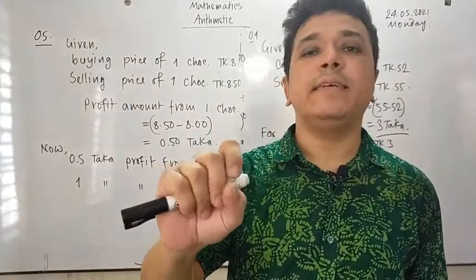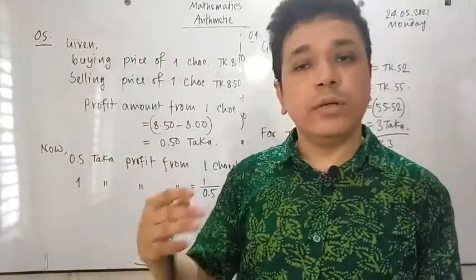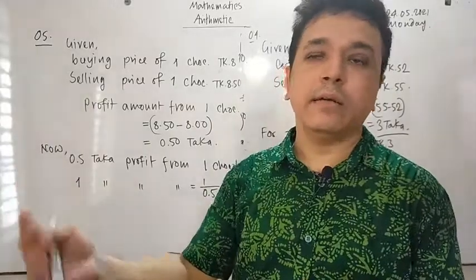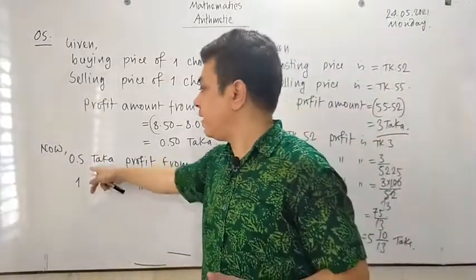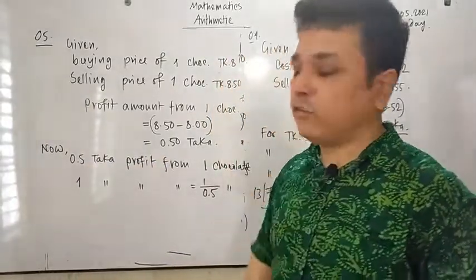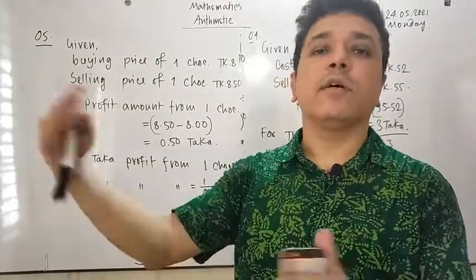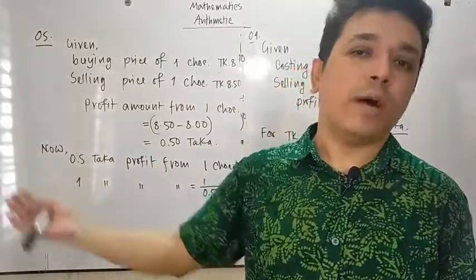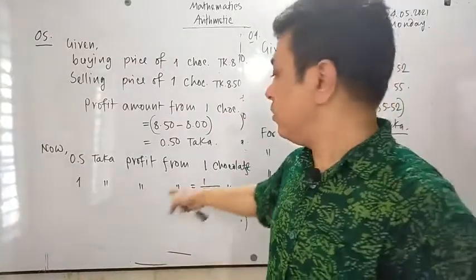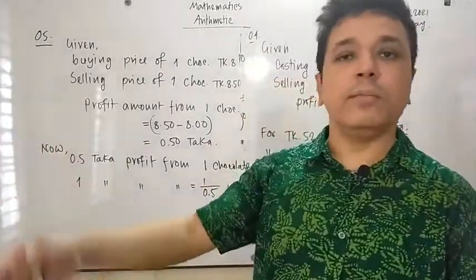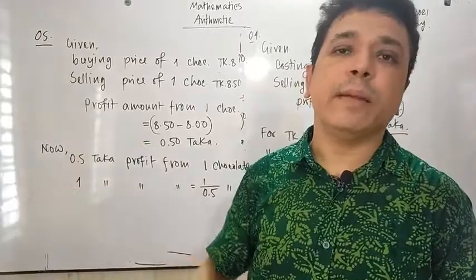Do you understand the reason why I have divided here? You already have a basic idea that when we think the result will be big, for example 0.5 taka profit from one chocolate, then 1 taka profit must come from more than one chocolate, so the result will be large, so we have to multiply.